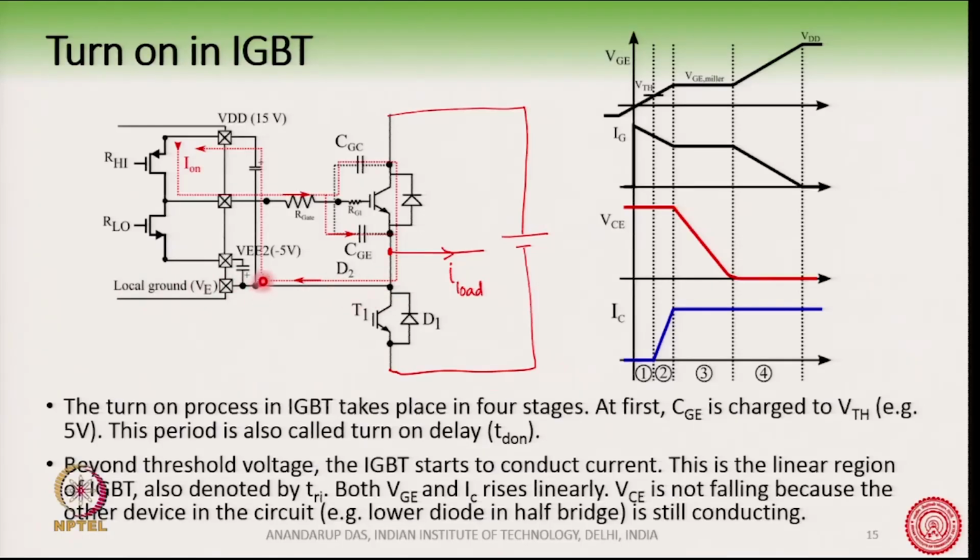So, you can see that this is the current flow when the capacitor CGE is charging up. Of course, it will charge up in an RC time constant, but this RC is so large that we can assume that it is linearly charging up.